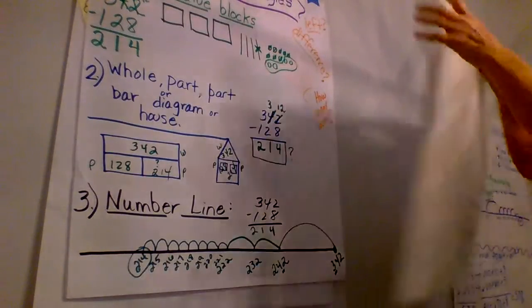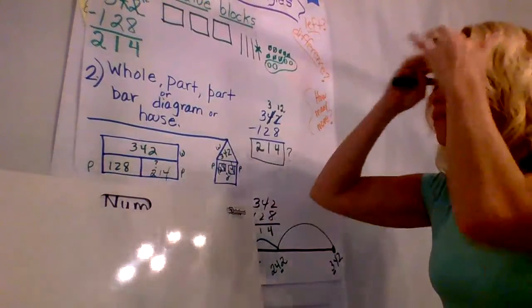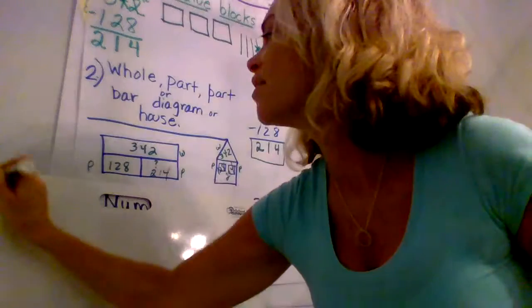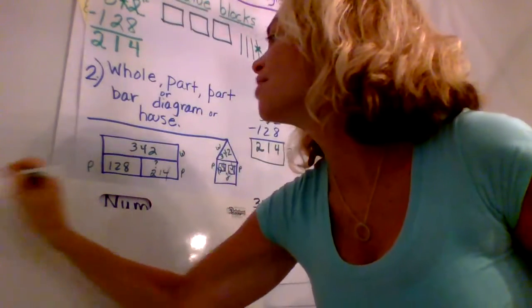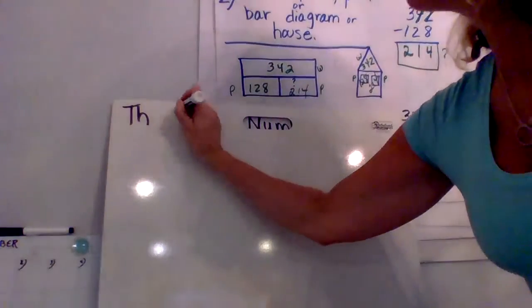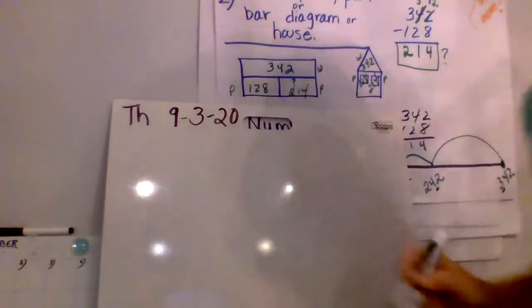All righty, so you could try one of each, okay? You could try place value, part, whole, or number line. So this is TH for Thursday. It's September, number 9. It's the 3rd day, and it's the year 20.